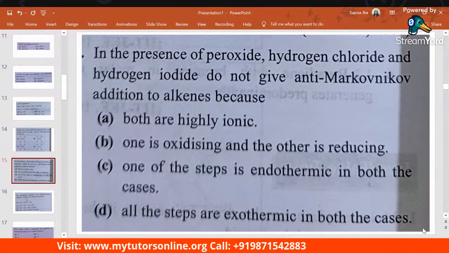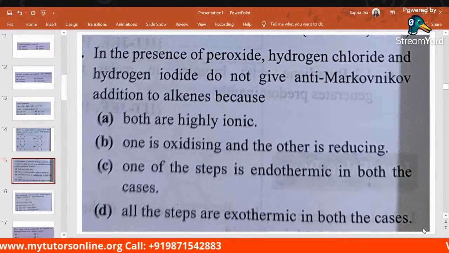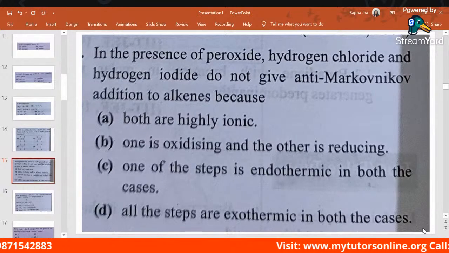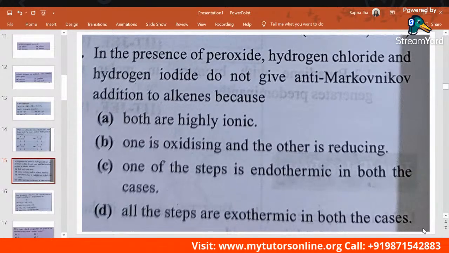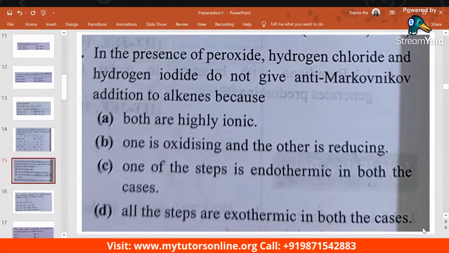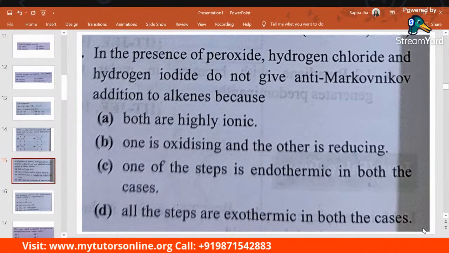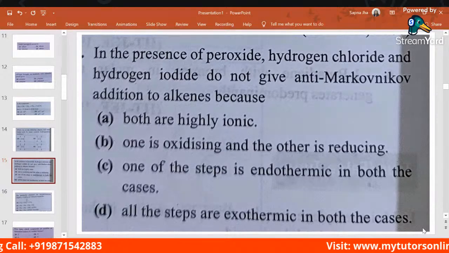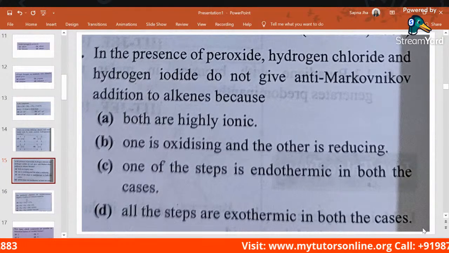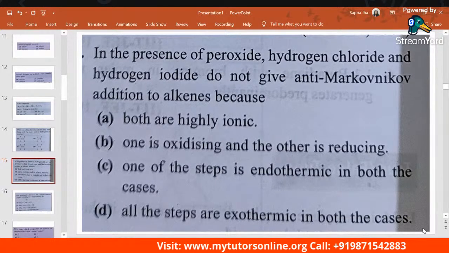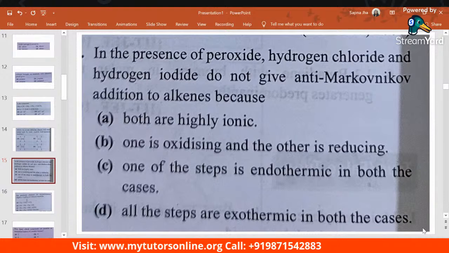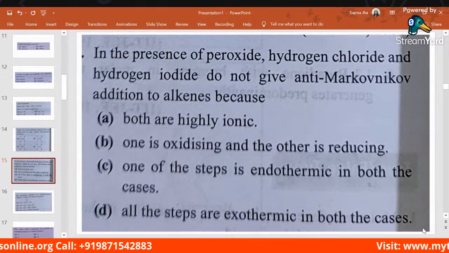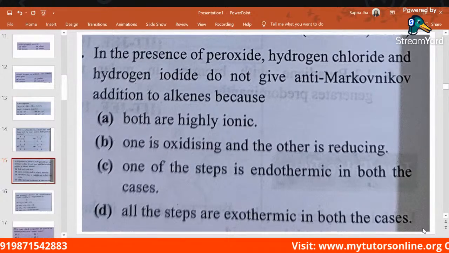Also, another name is the Kharash effect. Others also try fast, because this is just a theoretical question. There is no calculation involved. A student who knows about the peroxide effect will mark it within seconds.